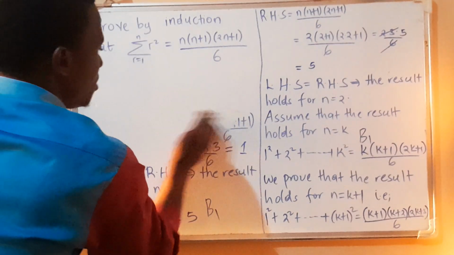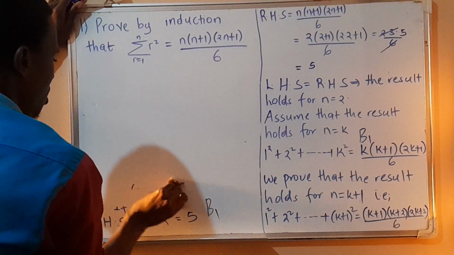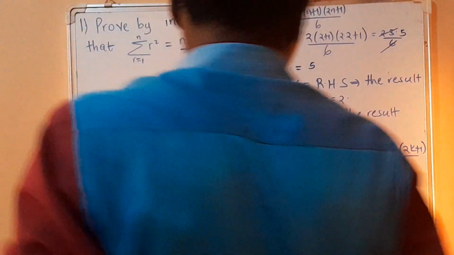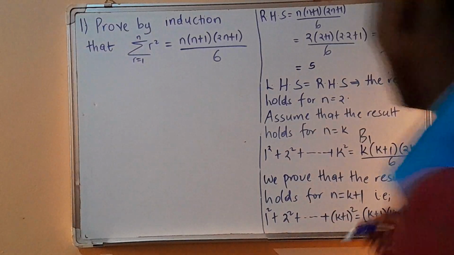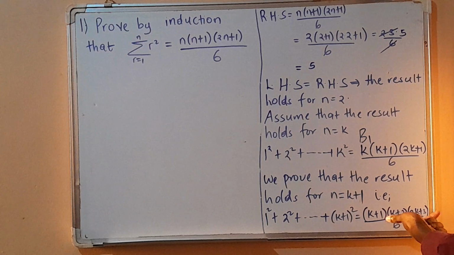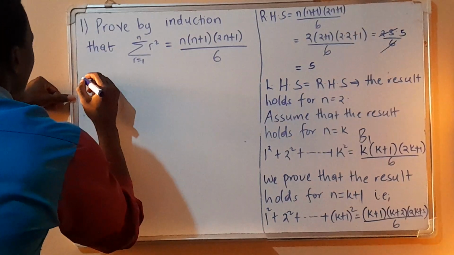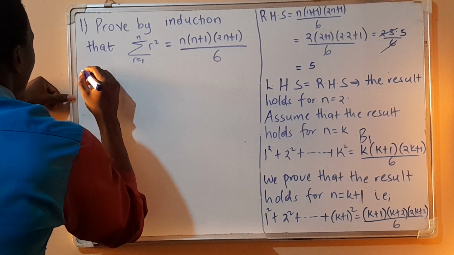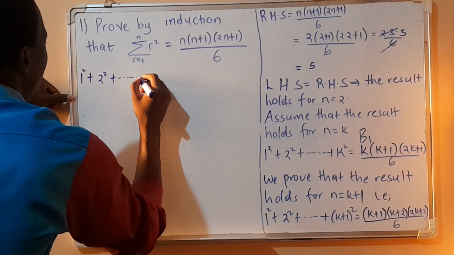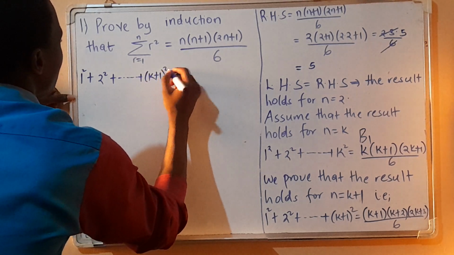So you suppose that the result holds for n equals k, then prove that the result holds for n equals k plus 1. So we are supposed to show this: the result holds for n equals k plus 1. So 1 squared plus 2 squared plus ... k plus 1 squared.